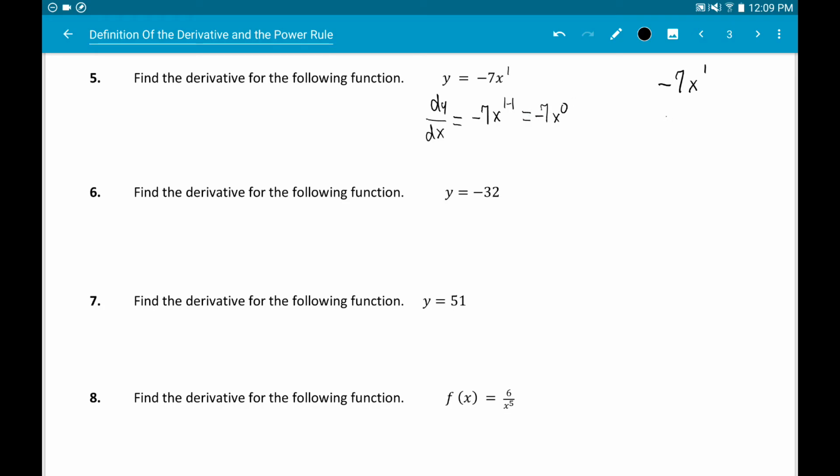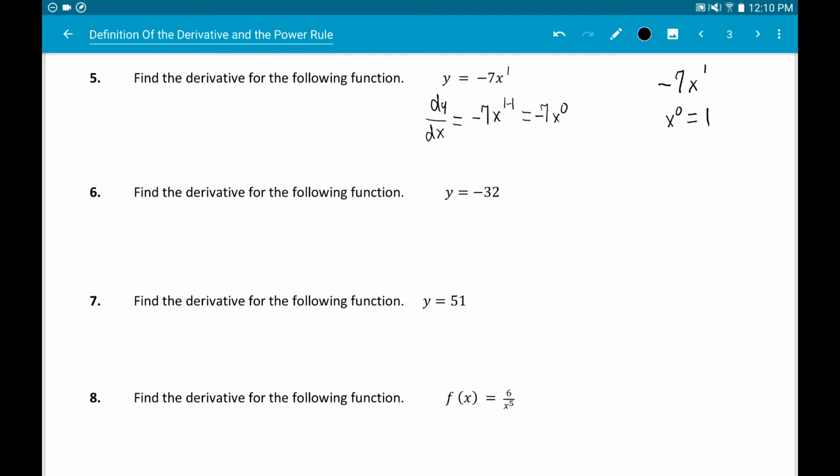So the question is, what's x to the 0? Well, what's anything raised to 0? Anything other than 0 raised to 0 is 1. Plug it in a calculator. Type 5 to the 0 in a calculator, you'll get 1.